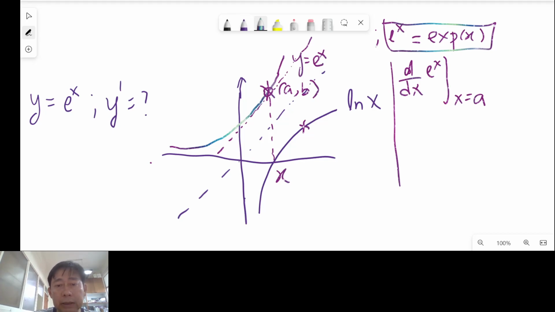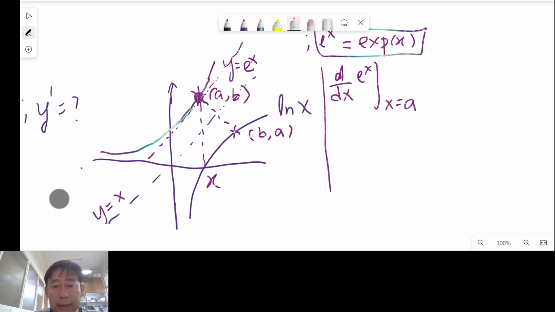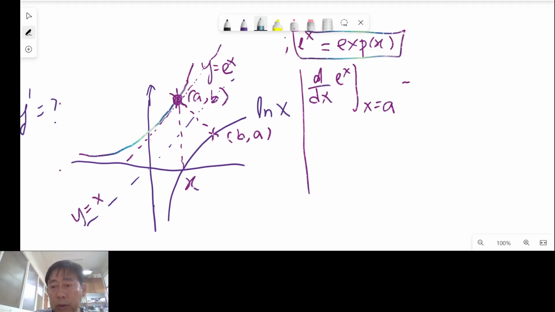If this is the original point sitting on the exponential function, the corresponding point obtained by reflecting (a, b) along the y equals x axis is the point (b, a), where this point with x coordinate equal to b and y coordinate equal to a is sitting on the logarithmic function. So the derivative at this point on e power x is closely related to the derivative at this point sitting on the logarithmic function, and we have already studied the relationship between these two points.